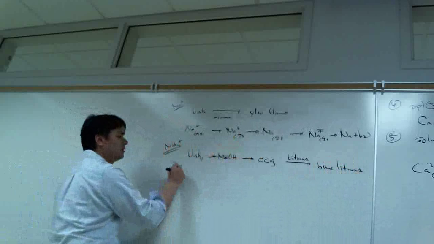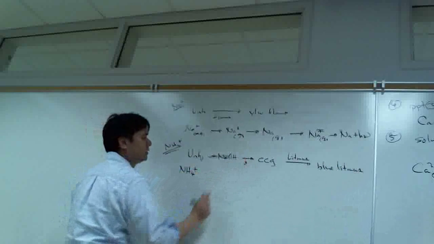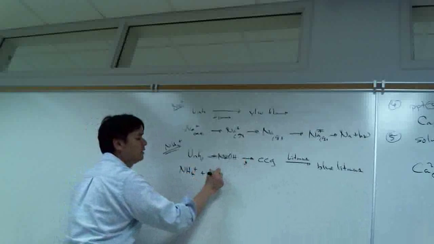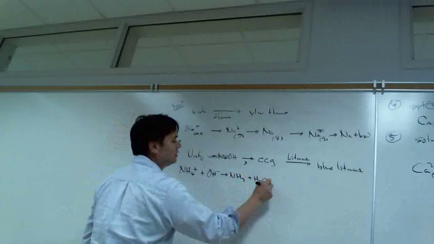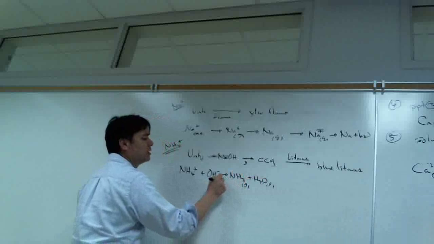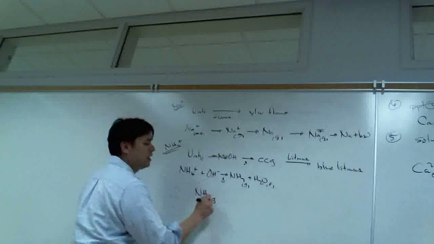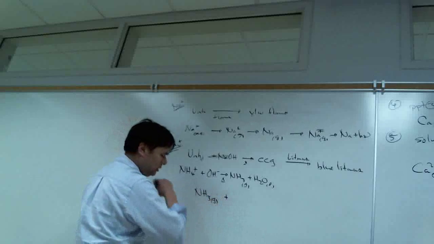Yes, we could heat this to get more CCG, but if we take ammonium and hydroxide, we're going to form ammonia and water. If we heat this, then we can drive off the ammonia as gas. And then the ammonia driven off as a gas can come into contact with litmus paper.